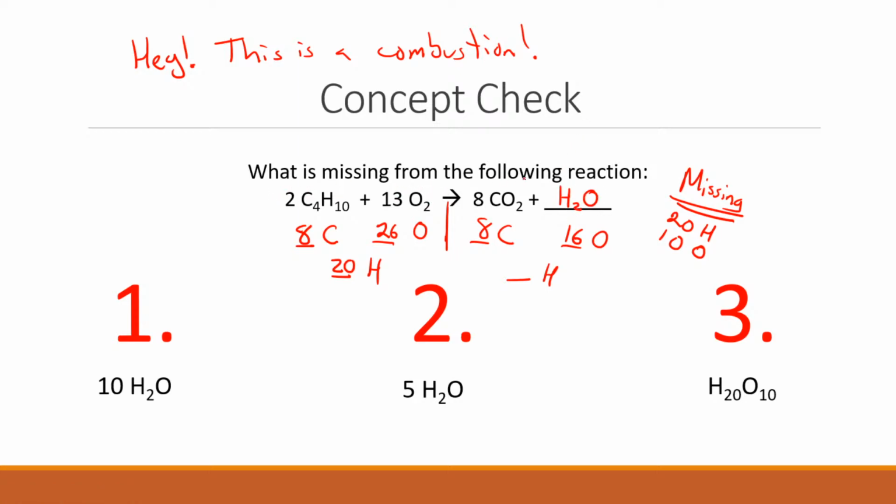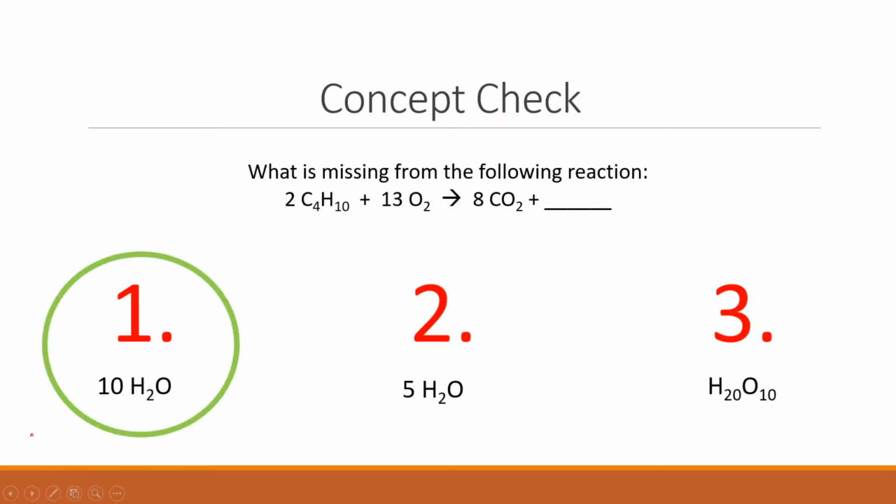Hydrocarbon plus oxygen makes CO2 and water, which is going to narrow down our answer, right? Definitely not 2 because it's not the right number. Definitely not 3 because I can't make this thing. But here, for choice 1, it's water, which is the thing I know belongs in that final spot, and it has the right amount of H's and O's if I have 10 of them. Right, leading me to my correct answer of choice 1.